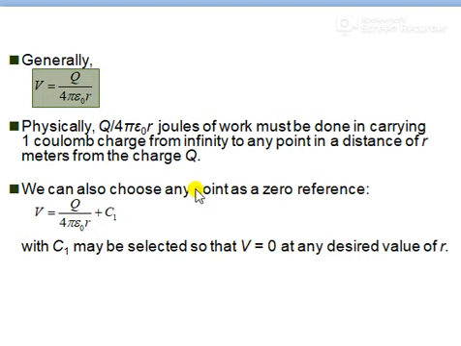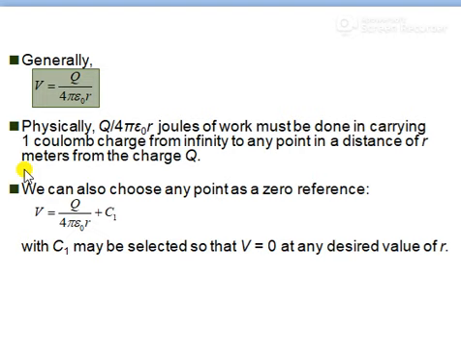Also, you can get the potential due to a point charge where there is no origin. It is the same thing; it just measures the distance between point A and the charge.